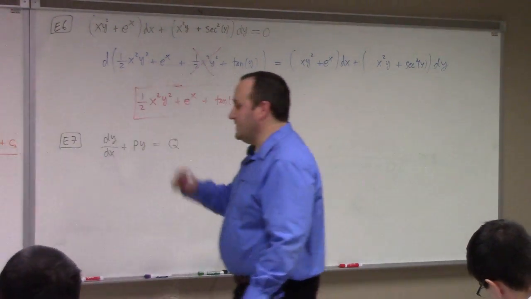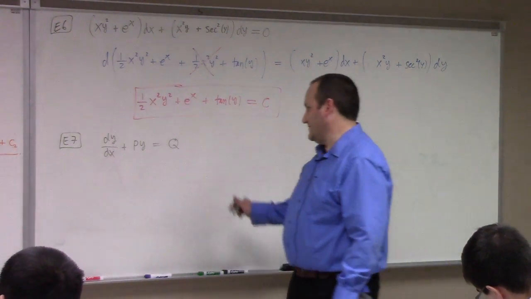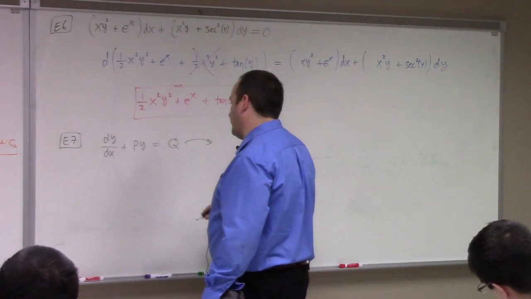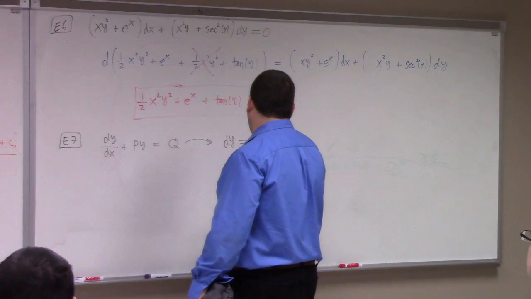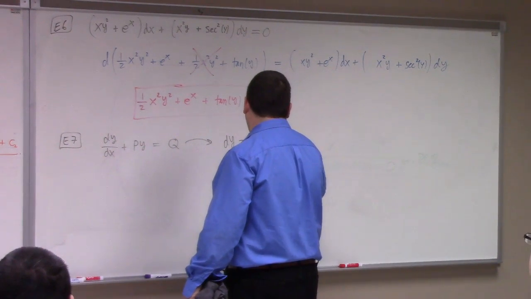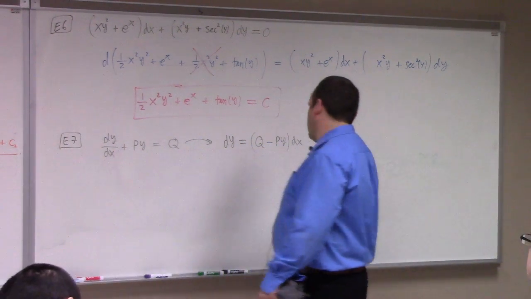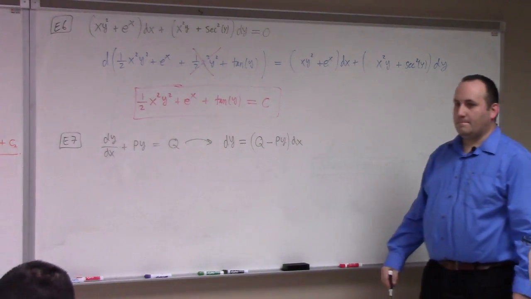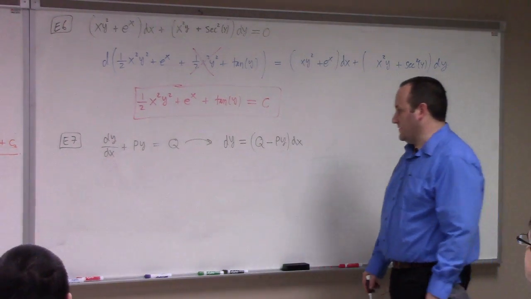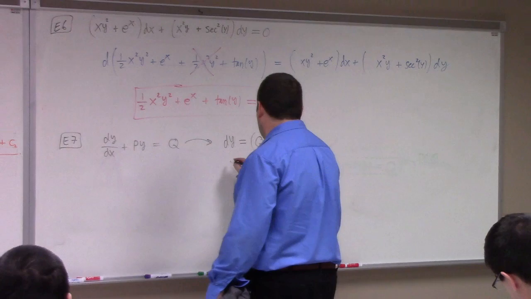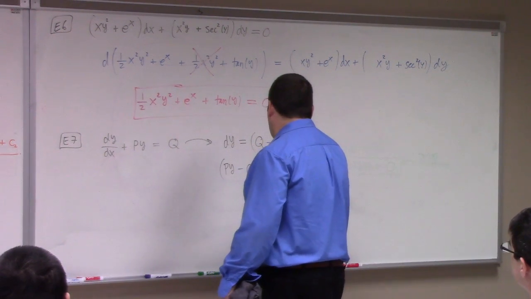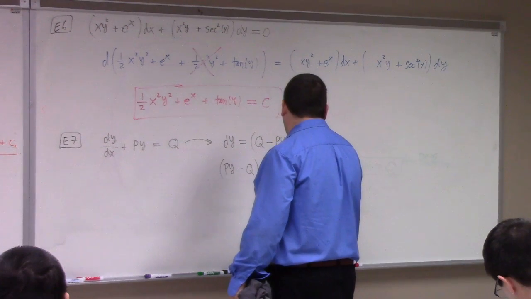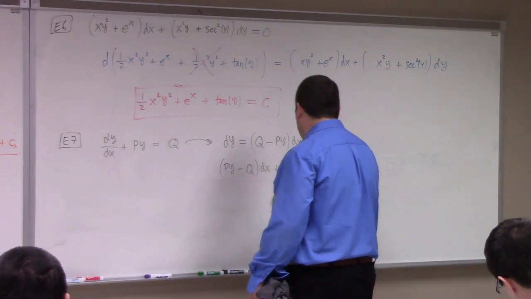So if I rewrite this in Pfaffian form, what's it look like? dy equals (q minus py) dx, right? And to complete this, I get (py minus q) dx plus dy equals 0.